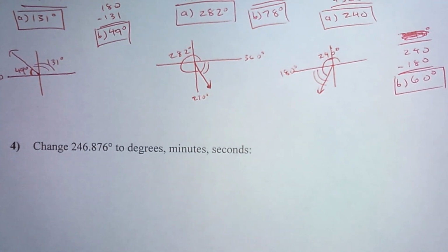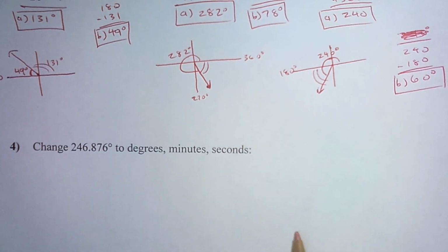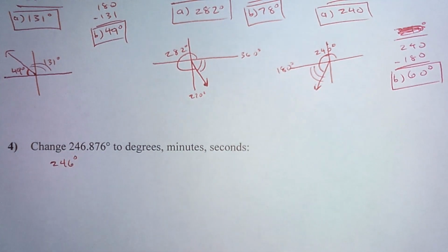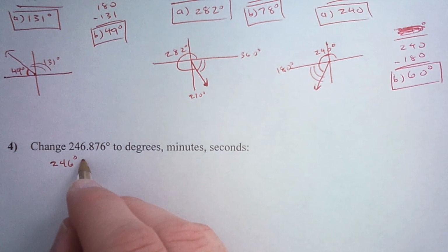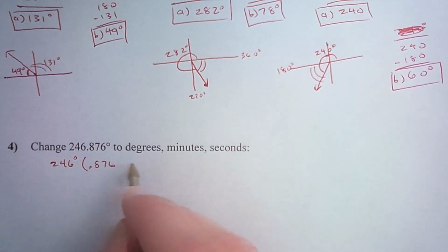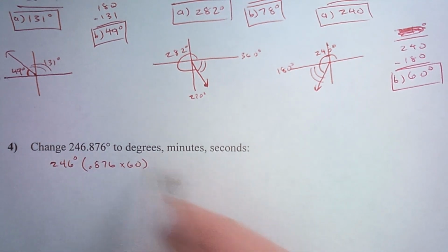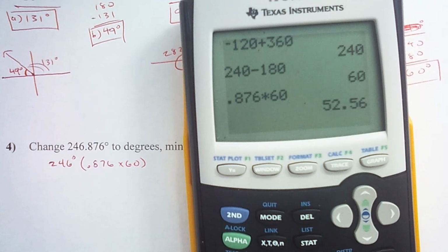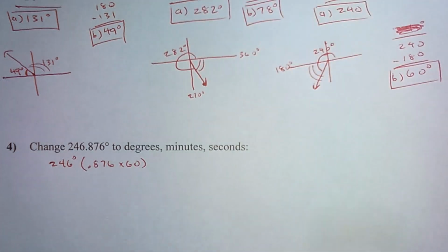And we will end with changing this number of decimal degrees to degrees, minutes, seconds, or DMS. To do that, I know I have 246 whole degrees, but I also have some number of minutes, and to find that, I will do 0.876 times 60, which is 52.56.